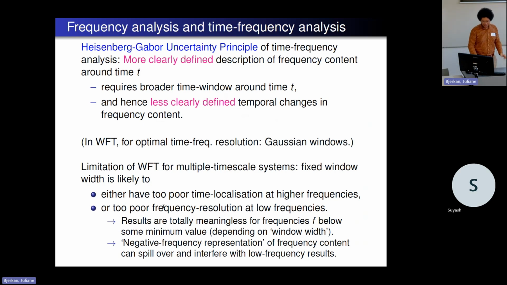And because we have this imperfect frequency resolution due to this Heisenberg principle, some of this imprecision can spill over from the negative frequency axis into the positive frequency axis that we're studying, and vice versa. So when you're looking at low frequencies, you can have this interference from negative frequencies.